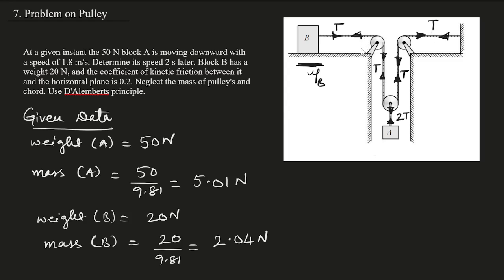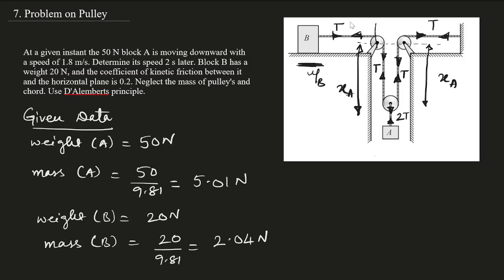Now if you want to make the kinematic relation, this can be taken as a reference point. From here to here we have a distance of XA, and here also we have a distance of XA, since we have two tensions.